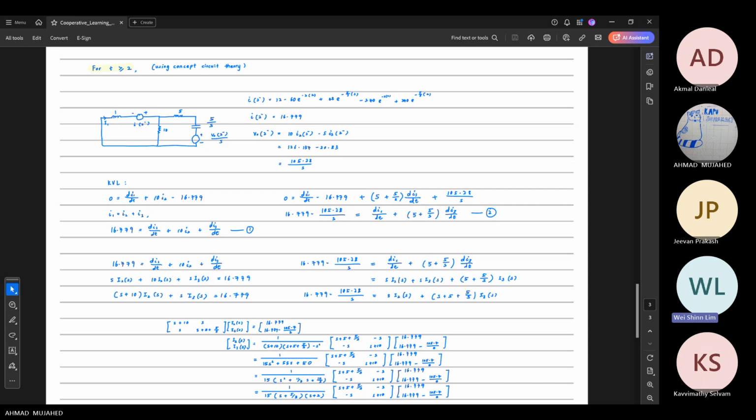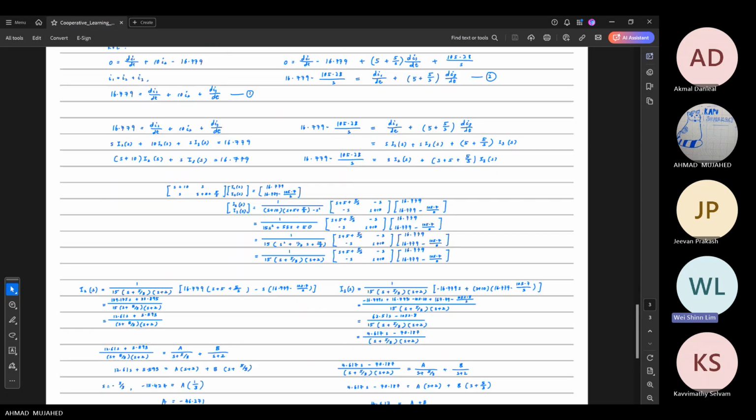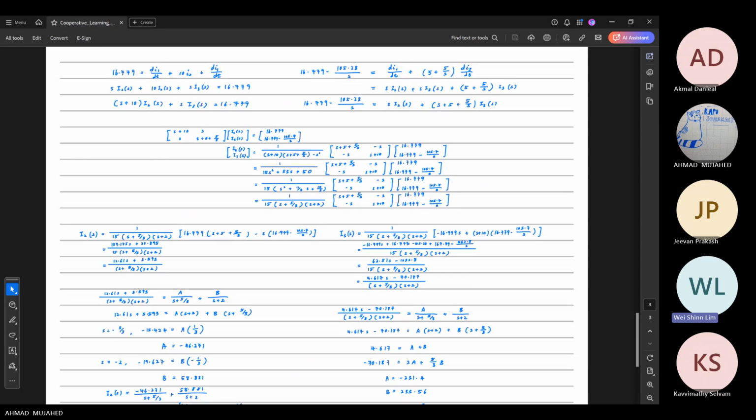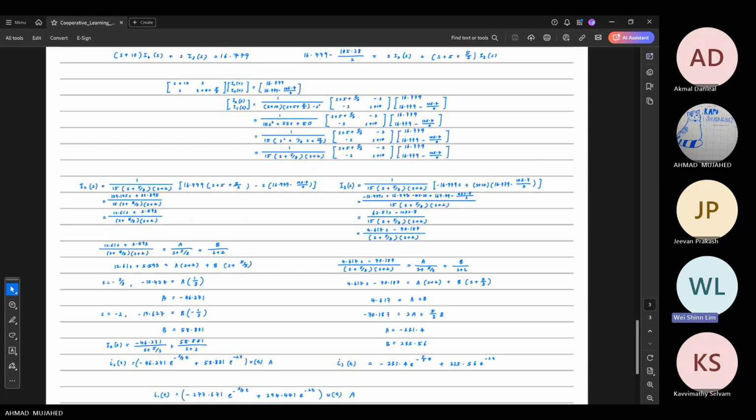From the matrix form, you can see that the matrix on the left side is the same as the previous part because the circuit configuration is the same, while the right side is different because initially there is a voltage source, but at this part there is no voltage source, and the energy is provided by the inductor and capacitor.